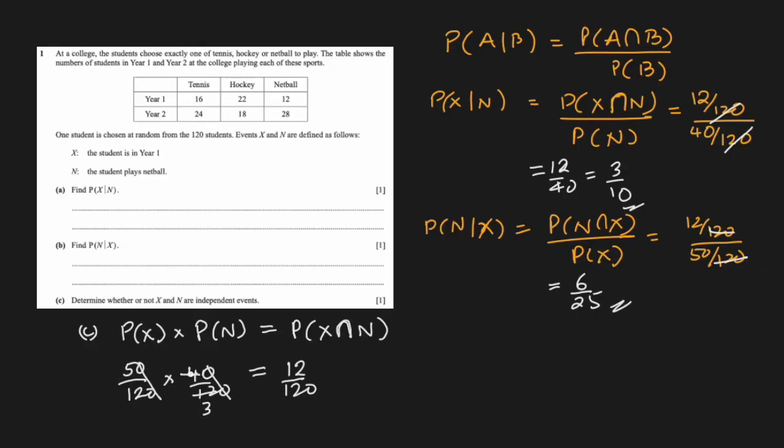So it will be 5 times 1, 5 out of 36. And this will be nowhere near 5 out of 36; it is 1 over 10, by the way. 1 over 10 and 5 over 36 are not equal. We can say the events N and X are not independent.